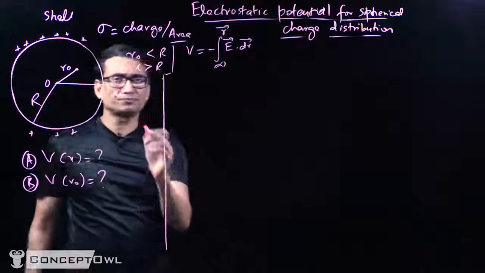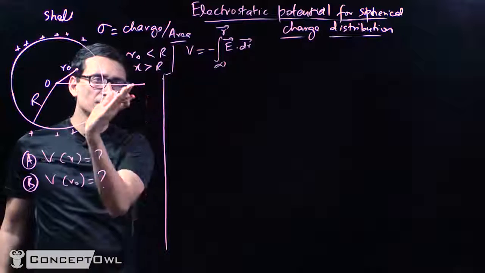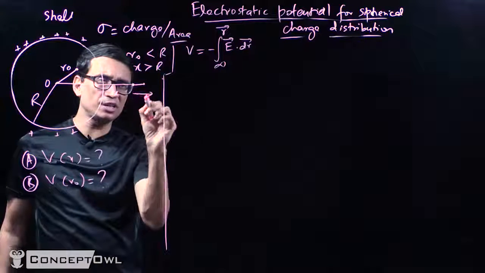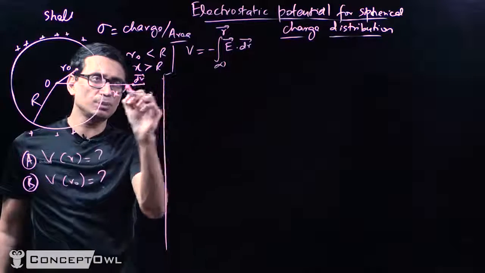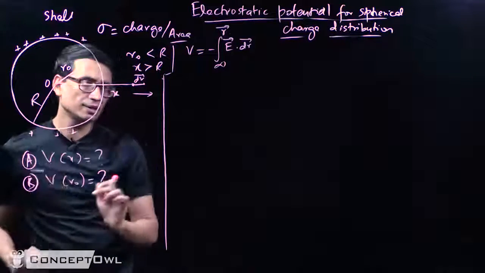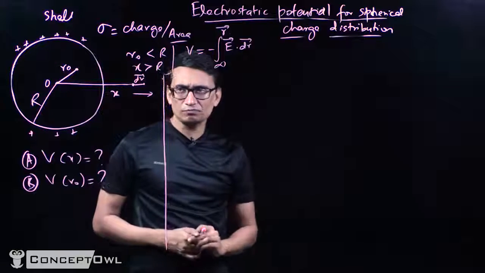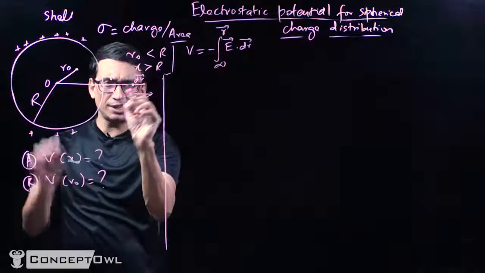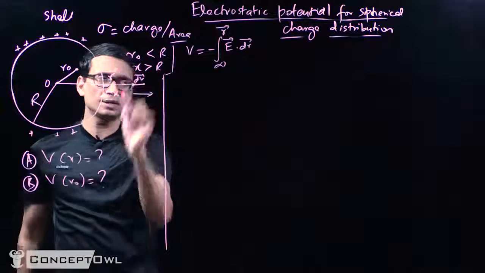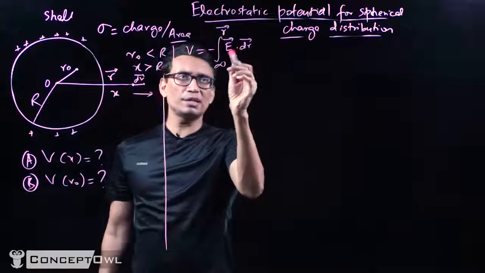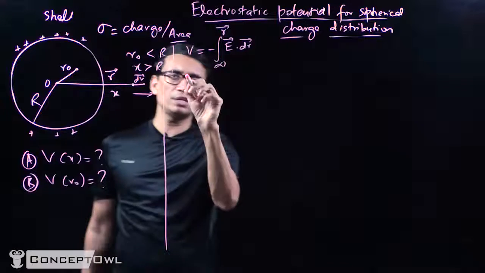Okay, so now my E and dr would have the same direction. So this would be the direction of E and this would be the direction of dr as well. If this is r, this is dr. Now this is r, in this particular case the distance x, but I take a random point. So E and dr have the same direction. What is E dot dr?